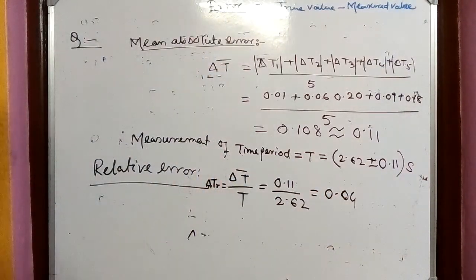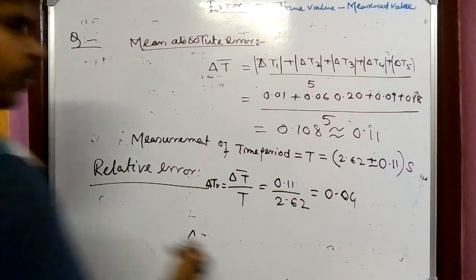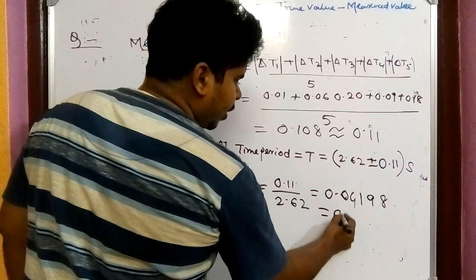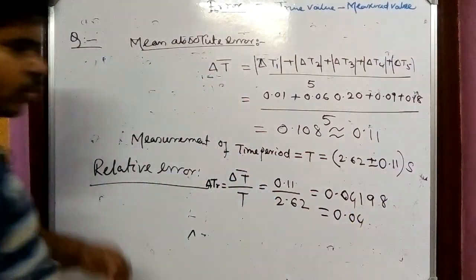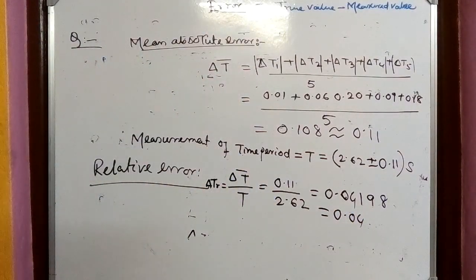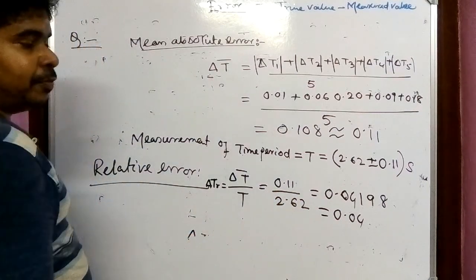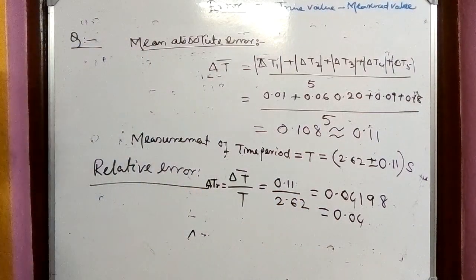Apart from 4 there are more digits, it is actually coming 0.04198, but we are happy with 0.04. What is the reason? Simple: whatever measurement we have done here, the smallest significant figures are 2, so we also take the smallest significant figures, so that's why it is 0.04.